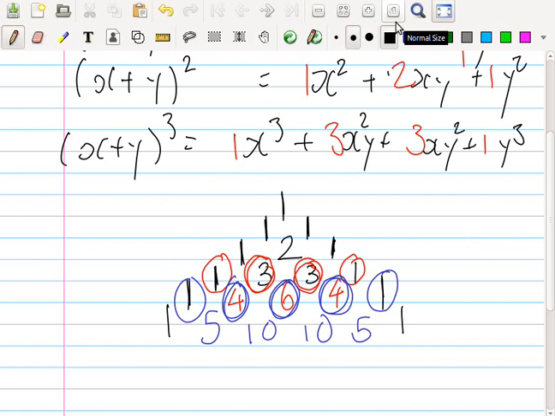Is that okay? Do we have the next row, or do you need a minute? Yeah, you're still writing, okay.